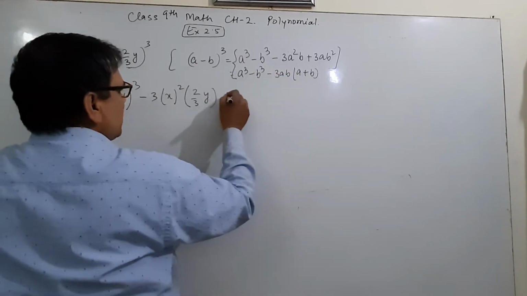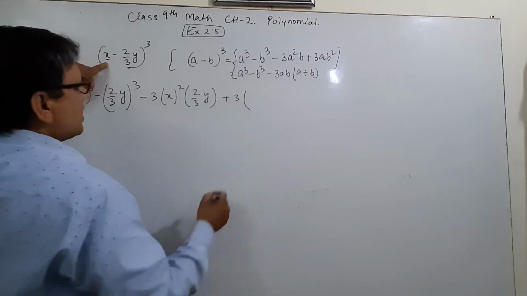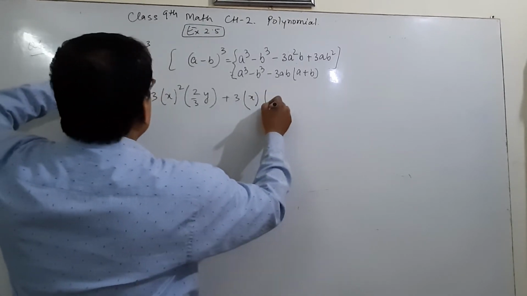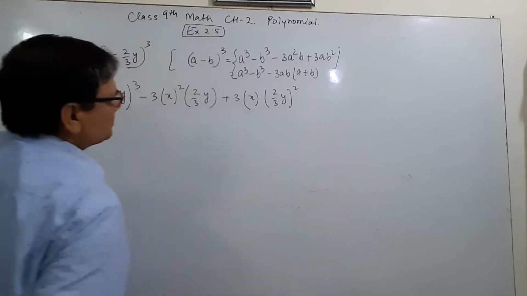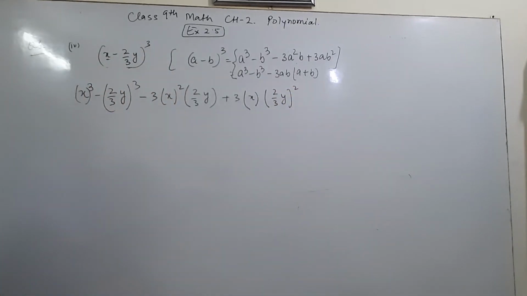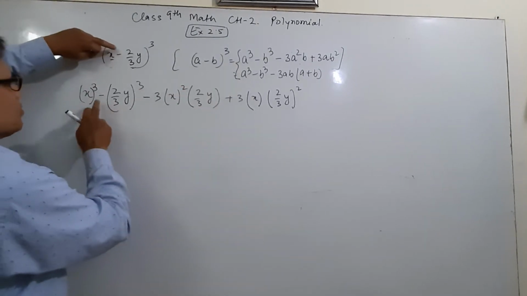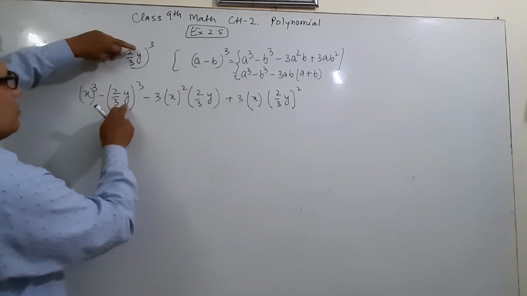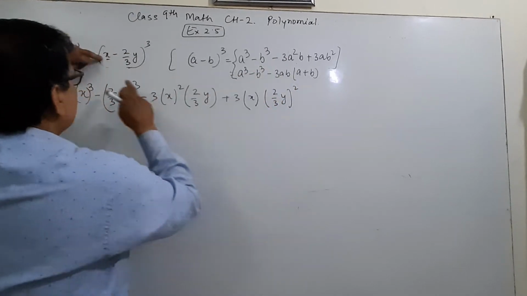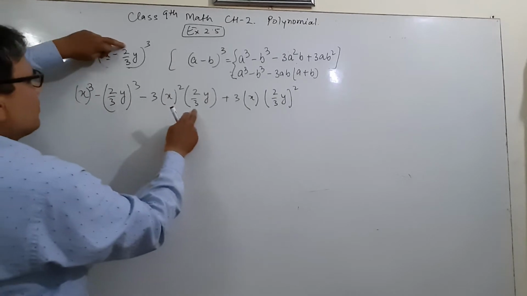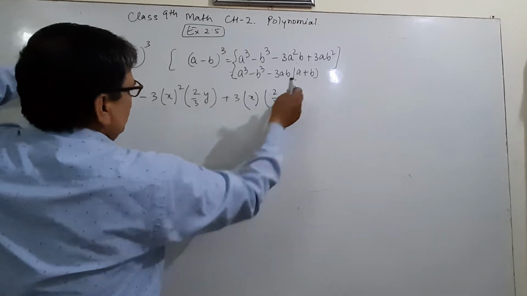And now what is this? Plus 3. What is a? X. What is b? 2 upon 3y whole square. Again please check. A cube, x cube, minus 2 upon 3y whole cube, minus 3 a square b plus 3 a b square.